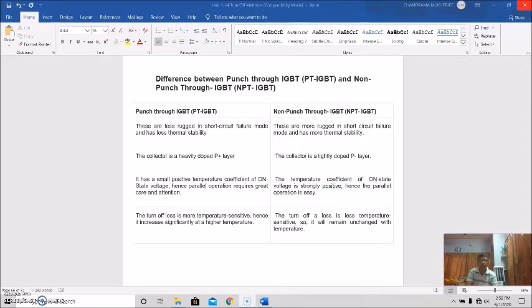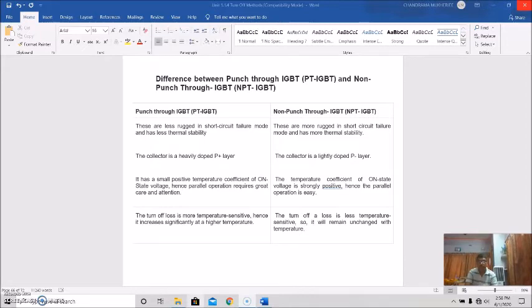In punch through, the collector is a heavily doped P positive layer, and in non-punch through the collector is a lightly doped P negative layer. In the case of punch through IGBT, it has a small positive temperature coefficient of constant voltage, hence parallel operation requires great care and attention. This is very important.